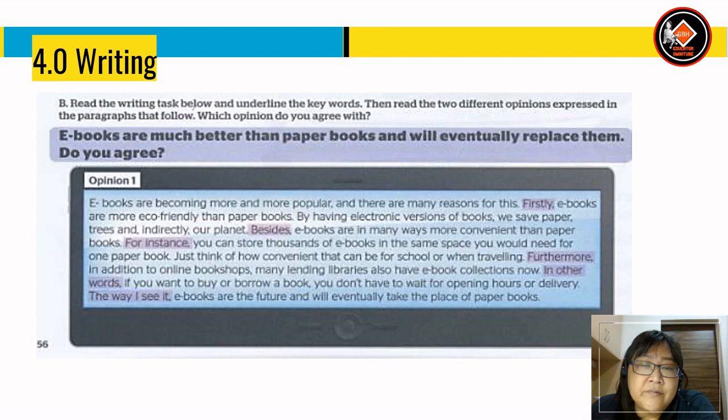Just think of how convenient that can be for school or when traveling. Furthermore, in addition to online bookshops, many lending libraries also have e-book collections now. In other words, if you want to buy or borrow a book, you don't have to wait for opening hours or delivery. The way I see it, e-books are the future and will eventually take the place of paper books.